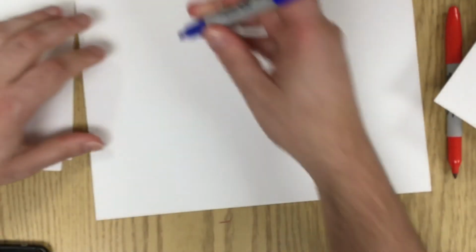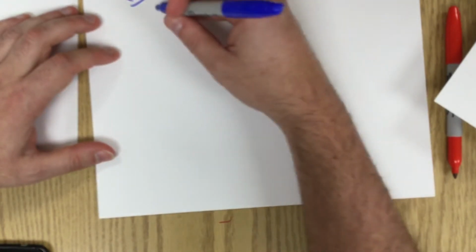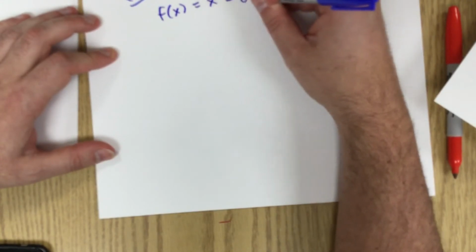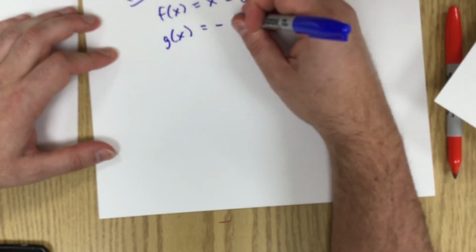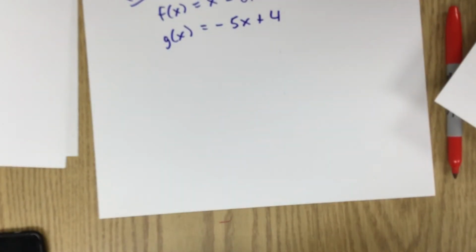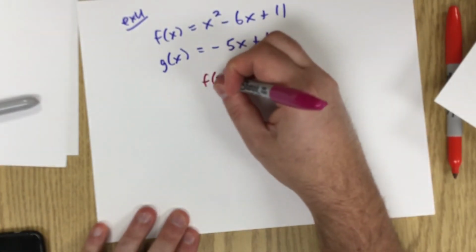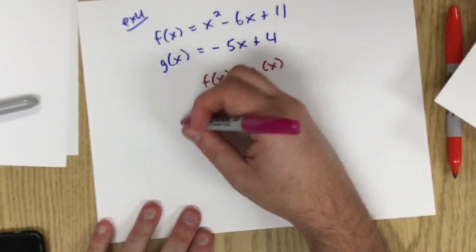Okay, last example. So f of x equals x squared minus 6x plus 11. g of x equals negative 5x plus 4. And what we have is f of x equals g of x.